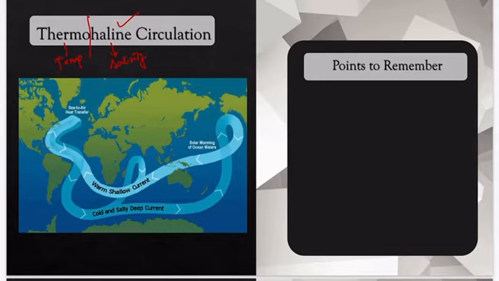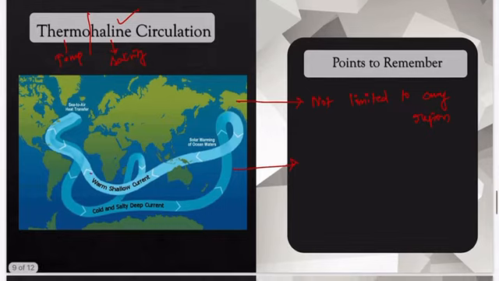So now when it comes to the characteristics, it is not limited to any ocean. Instead, it forms a conveyor belt mechanism like this.